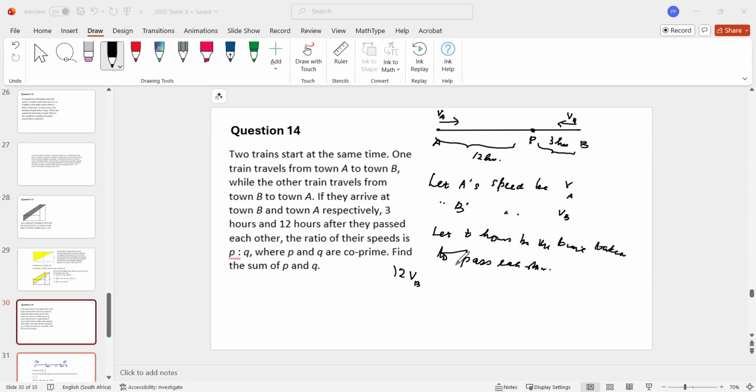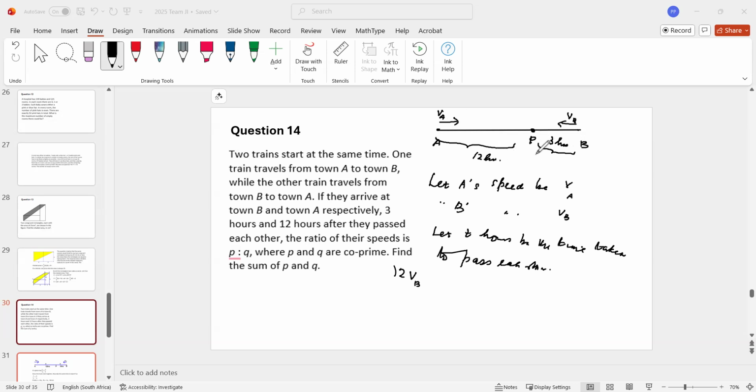Okay. So this is the distance he travels, VA. And VB, yeah, from here to here.